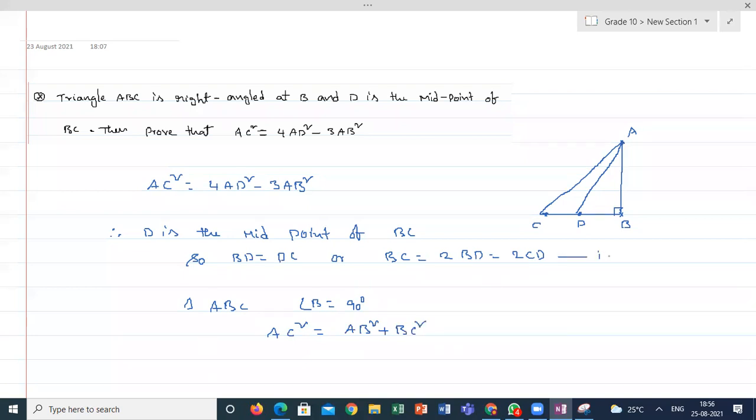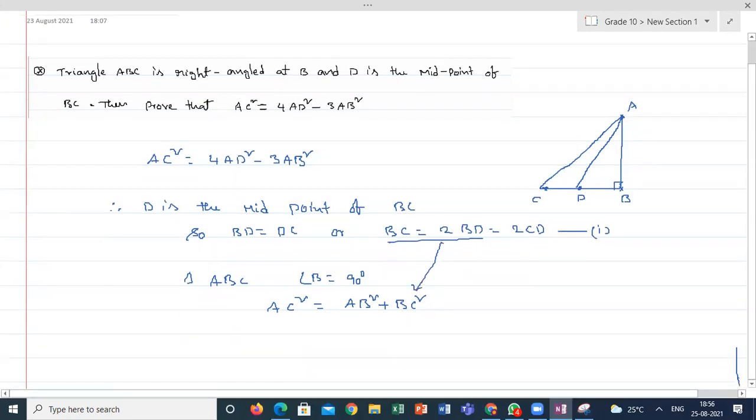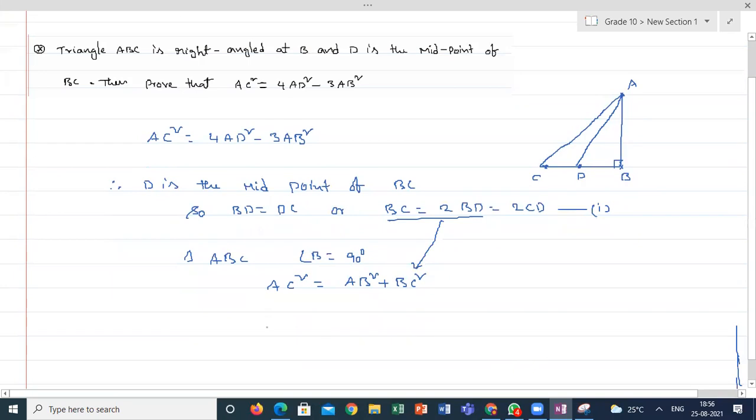If I am taking this as equation 1 and applying this formula here, what will I get? My AC square will be equal to AB square plus 2BD whole square.